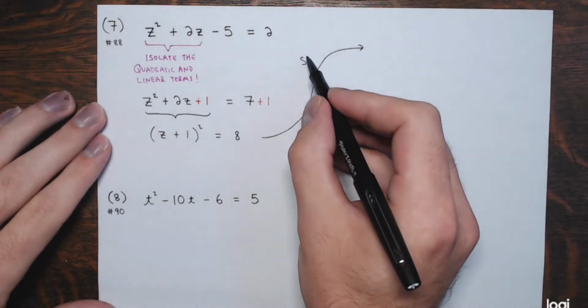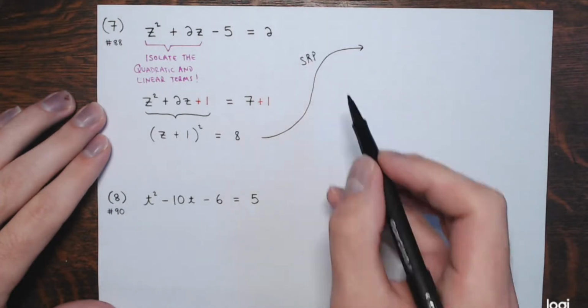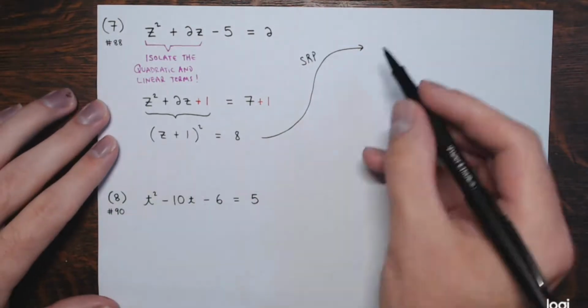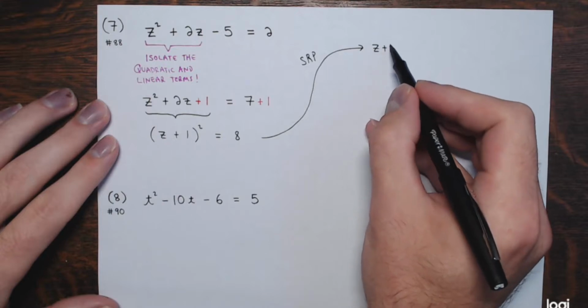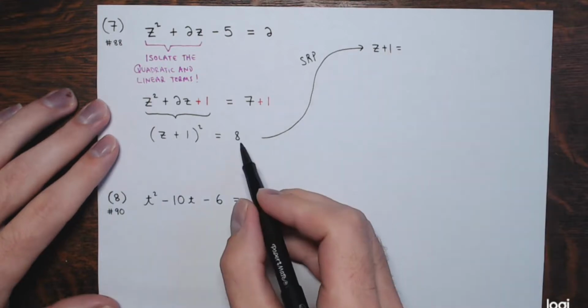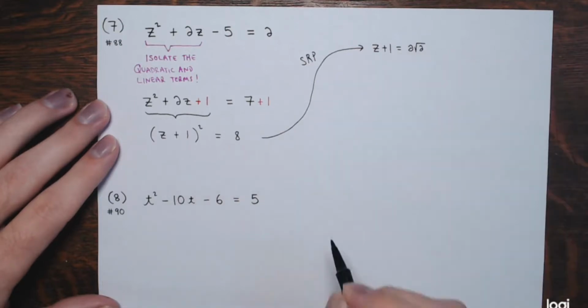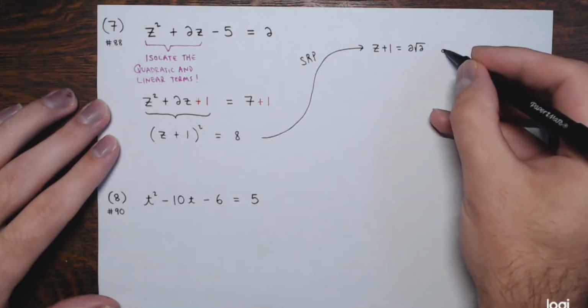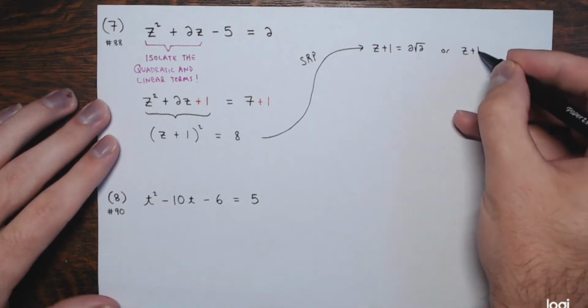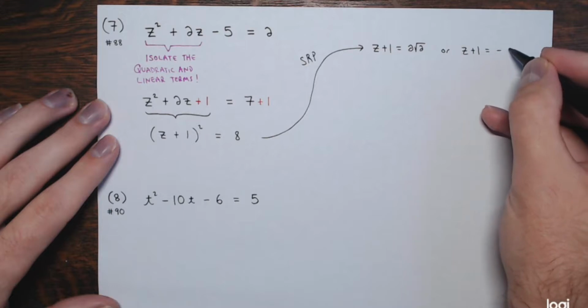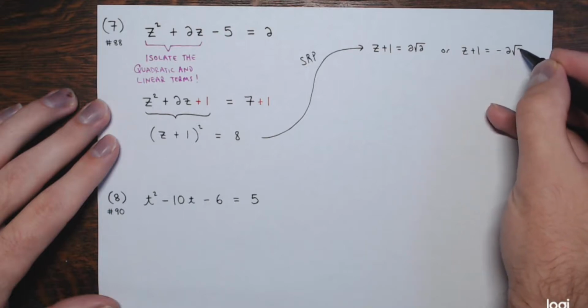Let's apply the square root property, right, SRP. So z plus 1 is either positive square root of 8. Now the square root of 8 simplifies to 2 times the square root of 2. Right, the square root of 4 times the square root of 2. Or z plus 1 is negative square root of 8, or negative 2 times the square root of 2.